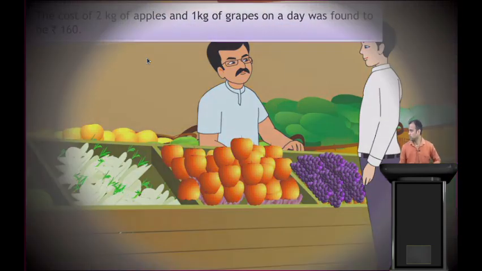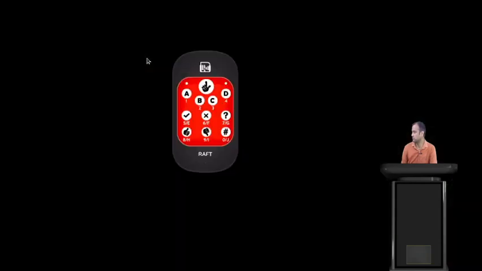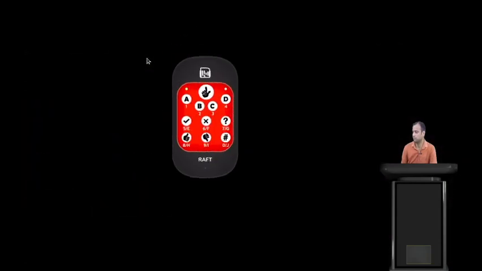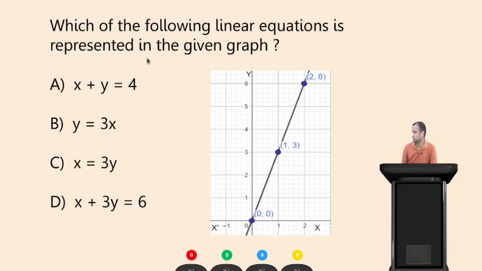Okay, now we'll make another situation. The cost of 2 kg of apples and 1 kg of grapes on a day was rupees 160, and after a month. Now question time. Which of the following linear equations is represented in the given graph? And your time starts now.